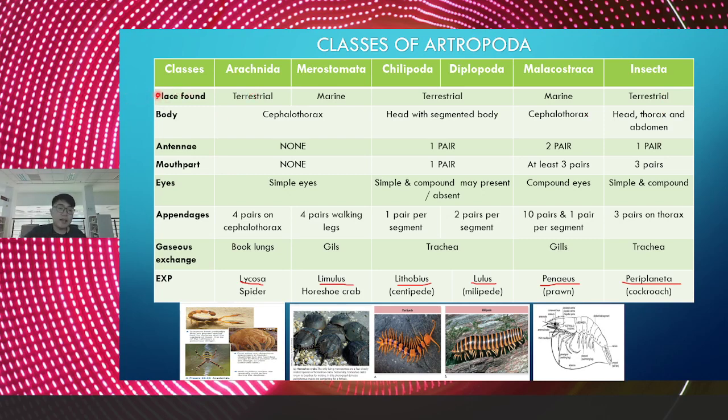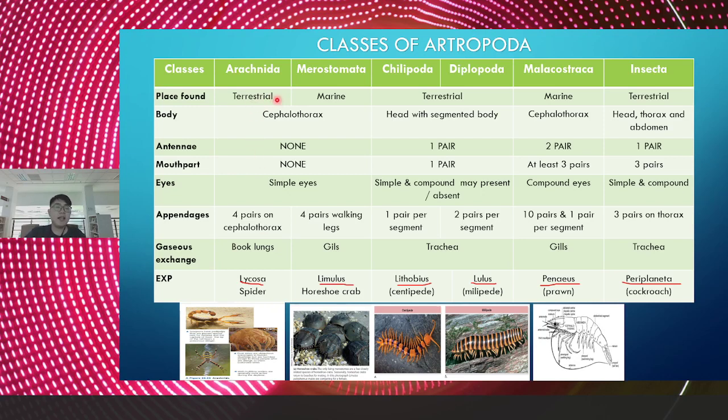The first row is the place found. Where can they be found? For spider, can you find spider in the sea, in water? Cannot, right? So it is terrestrial.